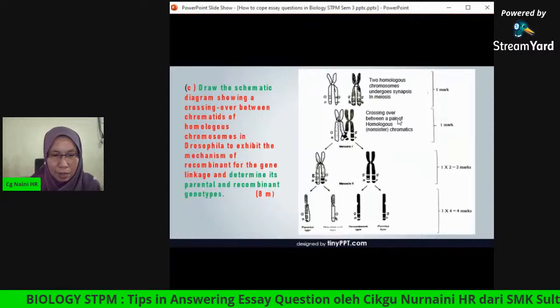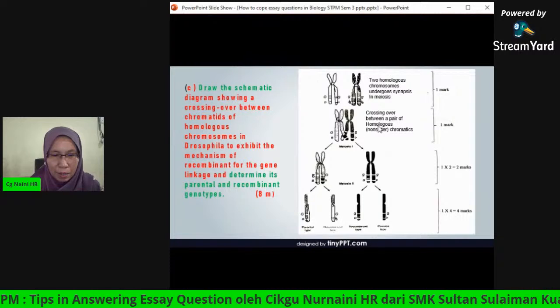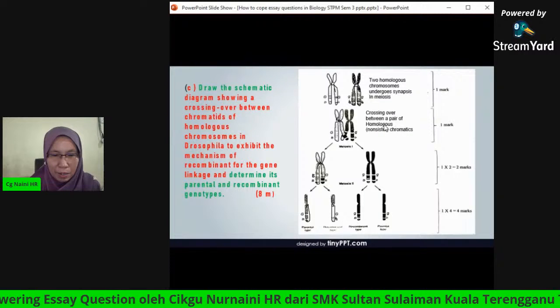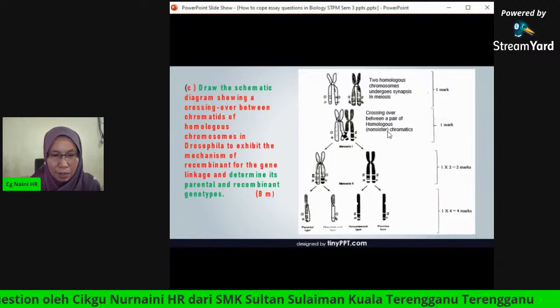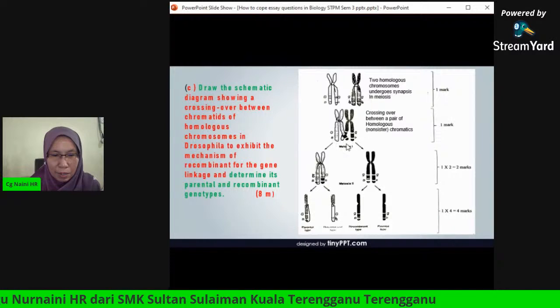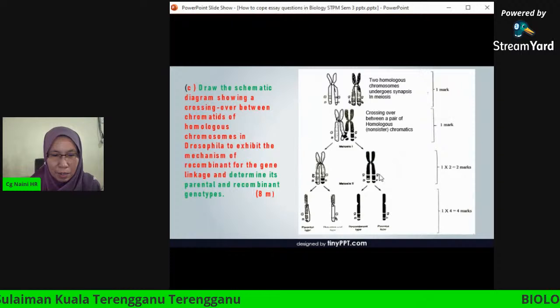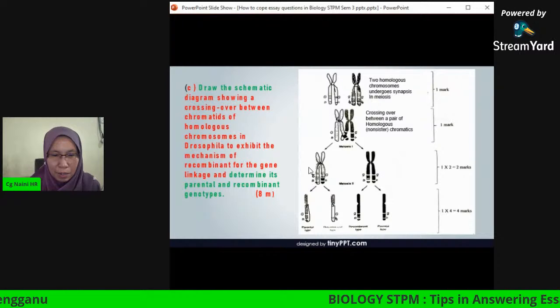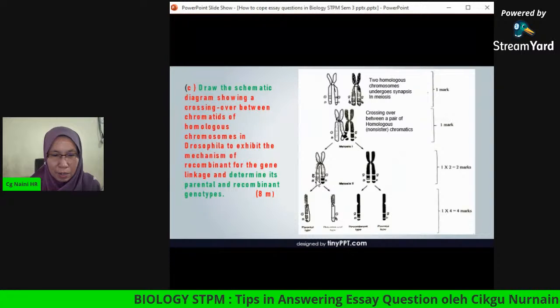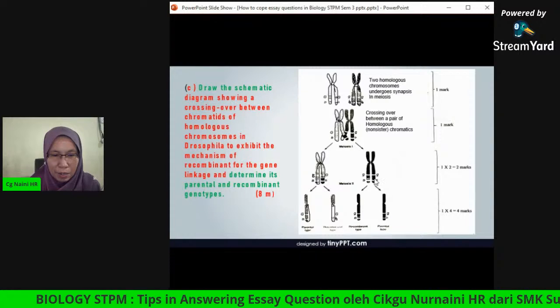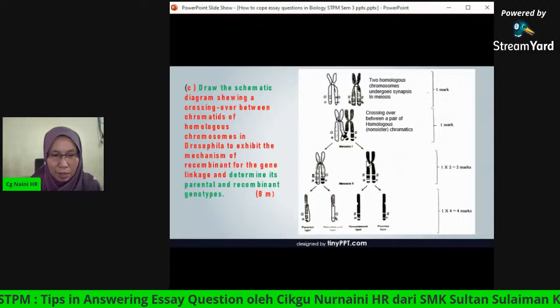Crossing over between a pair of homologous chromosomes, or we say homologous non-sister chromatids. This one is in meiosis 1, you must take meiosis 1. And then for meiosis 2, this one already has a combination of genes, and this one is recessive.